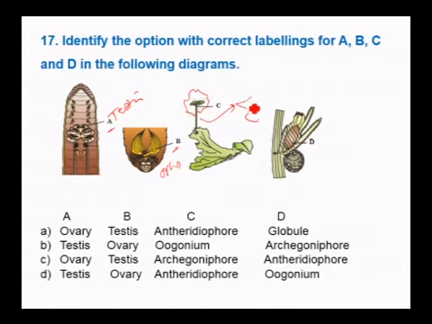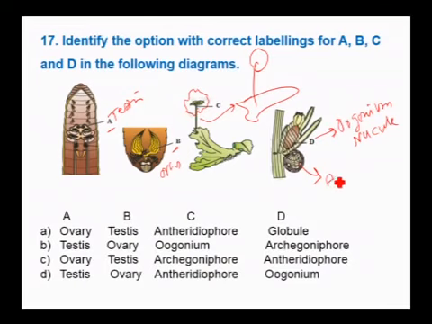In the diagram, the archegoniophore has a circular, neat boundary which you can easily distinguish. This is the antheridiophore of Marchantia. The last diagram is Chara. D is the oogonium. You can also call it the nucleus, the female reproductive part, whereas this is the male reproductive part called antheridium or antheridiophore.